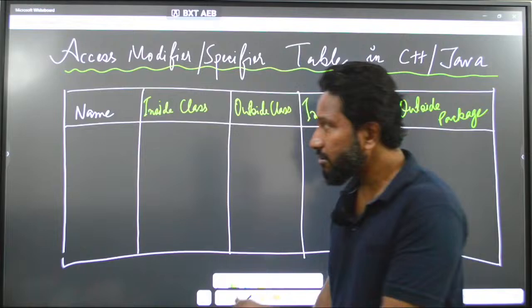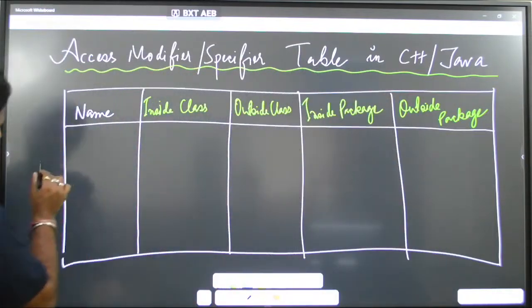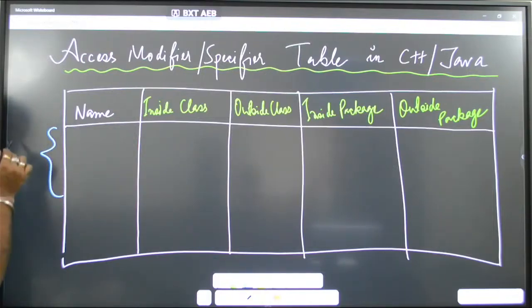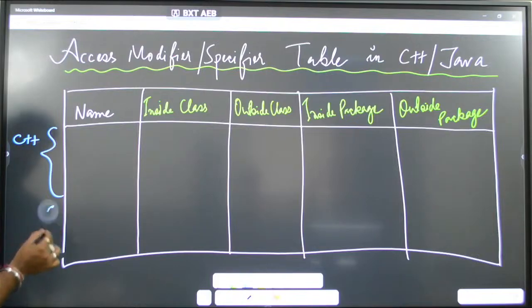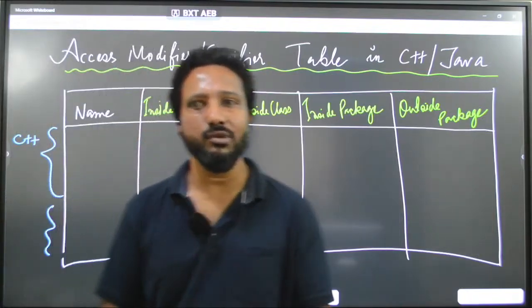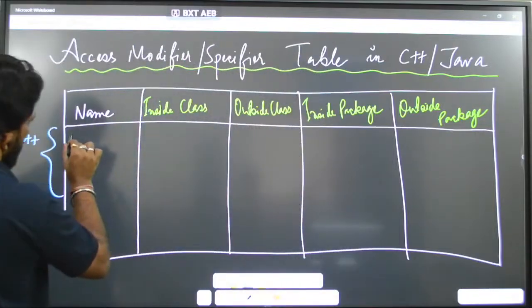Fine. So let's write down the names. In case of C++, we have only 3, and for Java we have one extra, which is not actually visible, but if you are actually inside a package, you should know this. Okay, so let me write down the names.